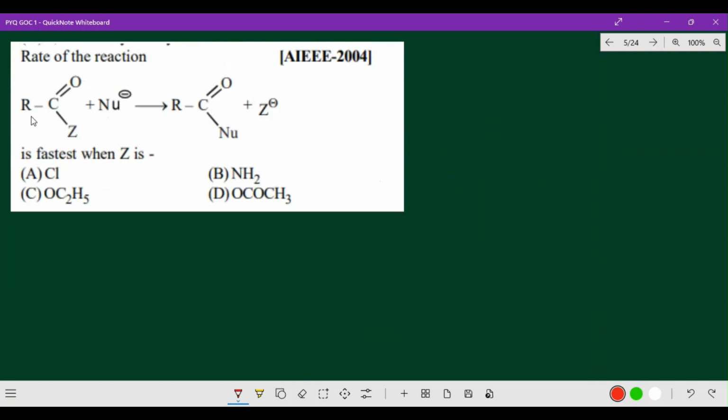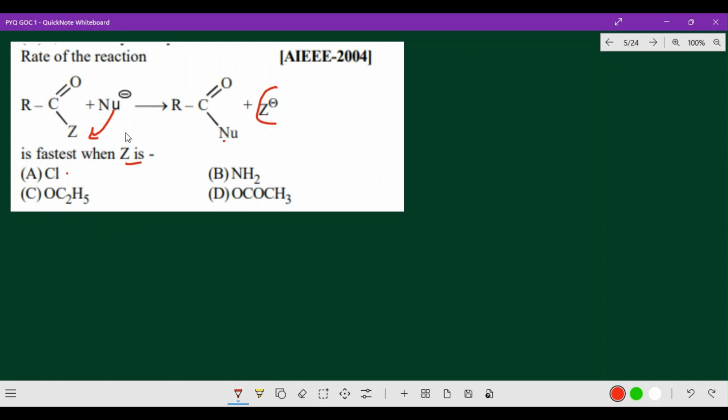What is the question? R-C double bond O with Z combined with a nucleophile, you will be getting R-C double bond O with the nucleophile attached over here, and Z is leaving out. Now, as fastest, when Z is, so Z might be which group: Cl, NH2, OC2H5, OCOCH3.